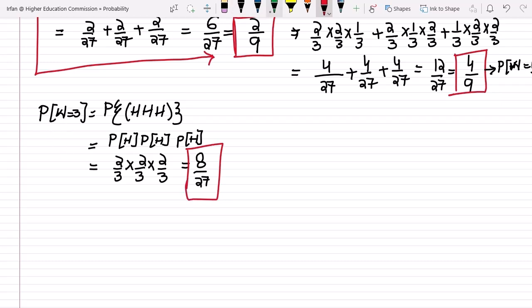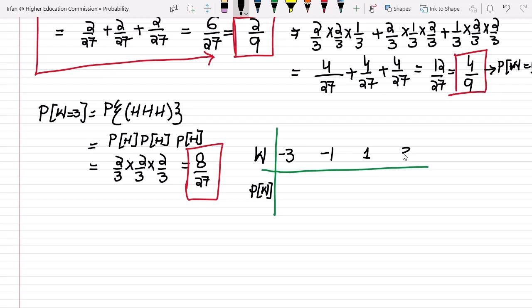On the basis of this we have calculated some probabilities, so let me write them here, with the values of W and the corresponding probabilities. We start from -3, then -1, then 1, and then 3.